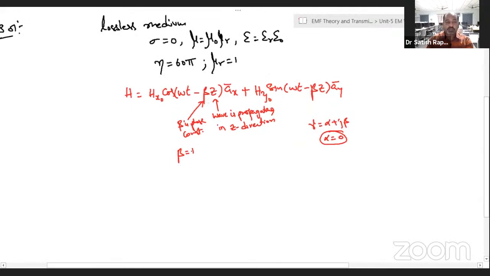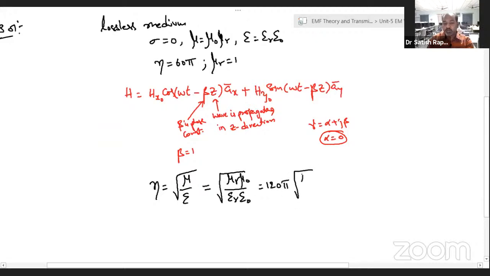We need to determine epsilon r, the relative permittivity, omega, and the electric field component. As we know, the intrinsic impedance eta is equal to root over mu by epsilon, and for a lossless medium this is root over mu r mu naught by epsilon r epsilon naught, which is 120 pi root over mu r by epsilon r.